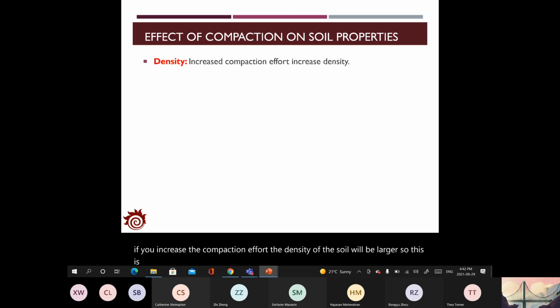You actually try to remove all the air voids in the sample, and the volume is reduced, but the mass is still the same. That's the first effect: you increase the density.